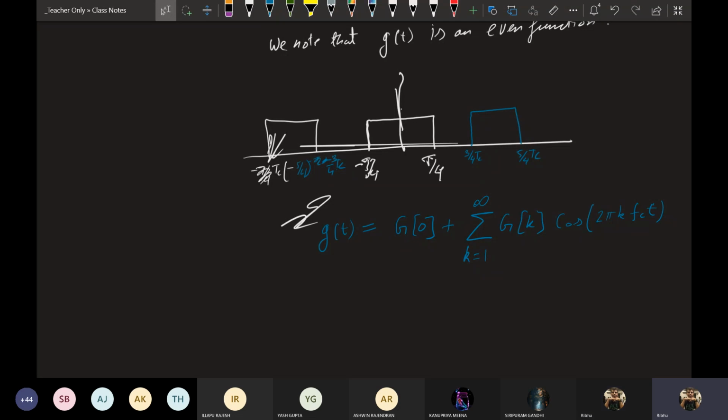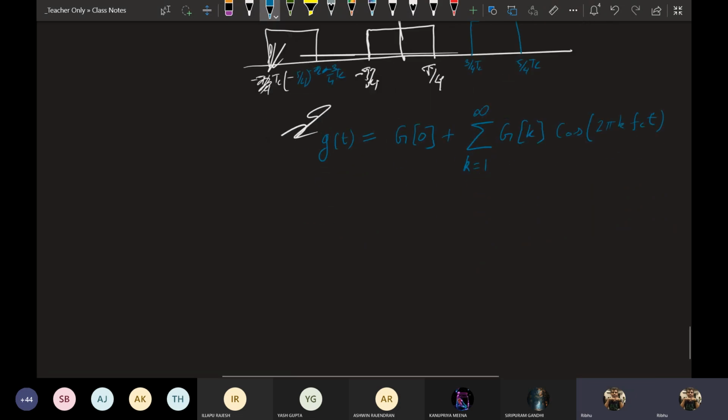Agreed? Or you haven't seen this earlier? All those who have seen this form, please raise your hands. Okay, 1, 2, 3, 4. 4 people. Oh, that's strange.